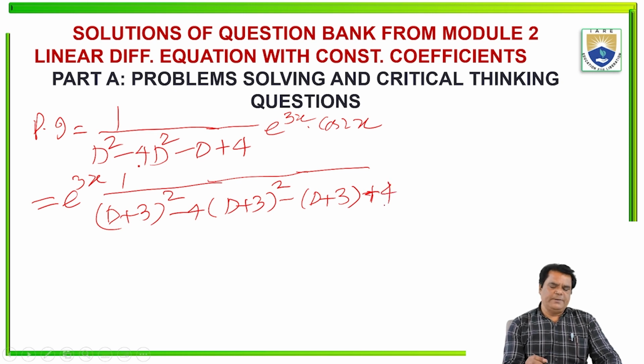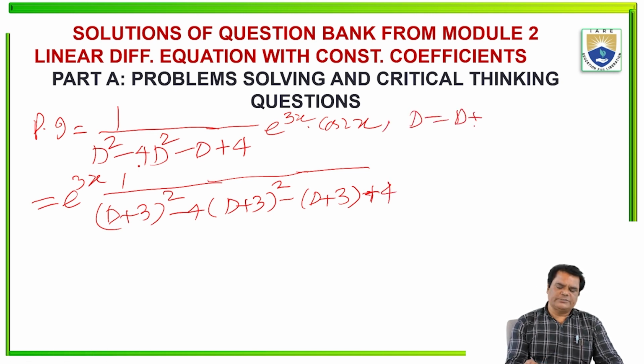Putting D equal to D+3 when taking the exponential to the left side, and here it is cos 2x only.